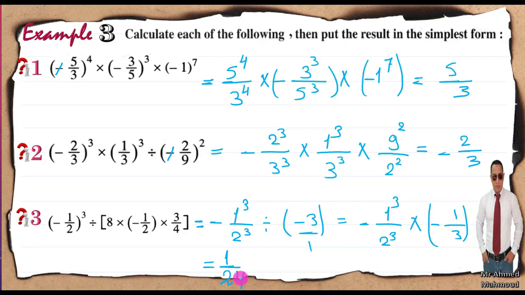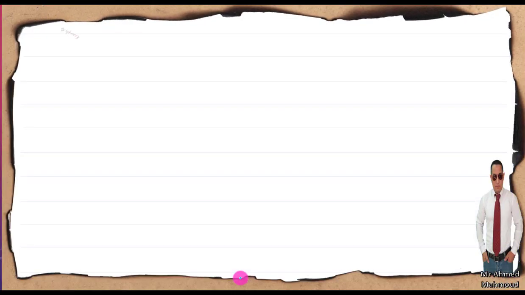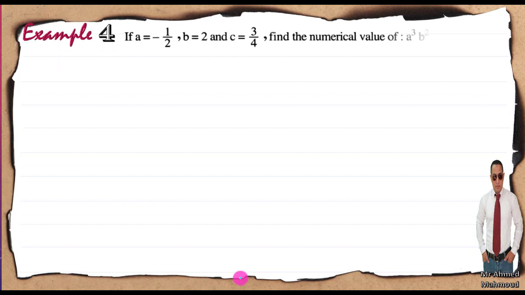Okay, example 4. Now, if A equals negative half, B equals 2, C equals 3 over 4, then find the numerical value of this expression. Okay, first I'm going to replace A, B, and C by these values. Okay, so it will be like this.